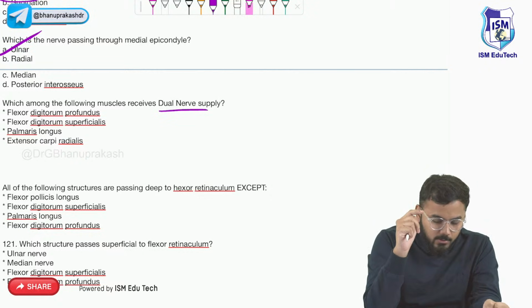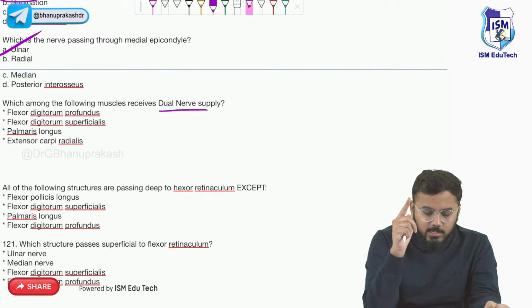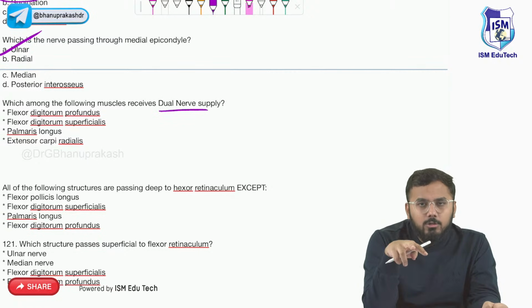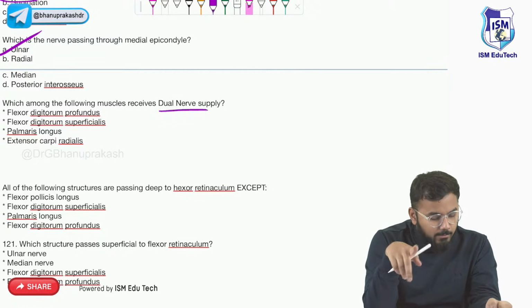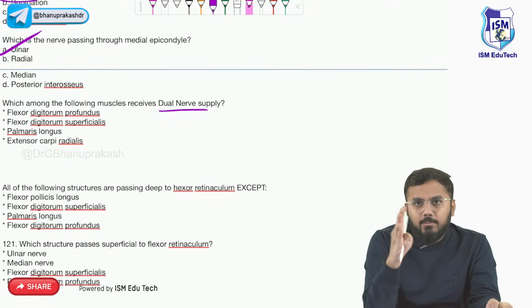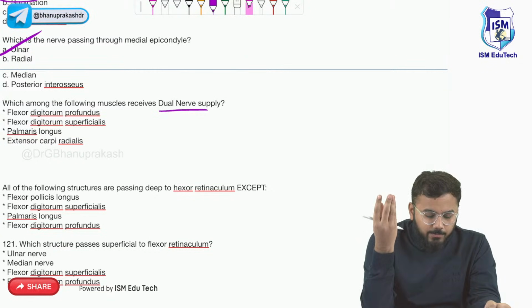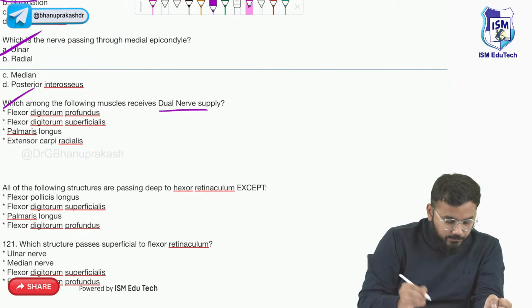Flexor digitorum profundus. So can I call flexor digitorum profundus a hybrid muscle, right? Because two nerves innervate it, medial half one and lateral half one. Medial half is which nerve? Ulnar nerve. Lateral half will be median nerve, right?